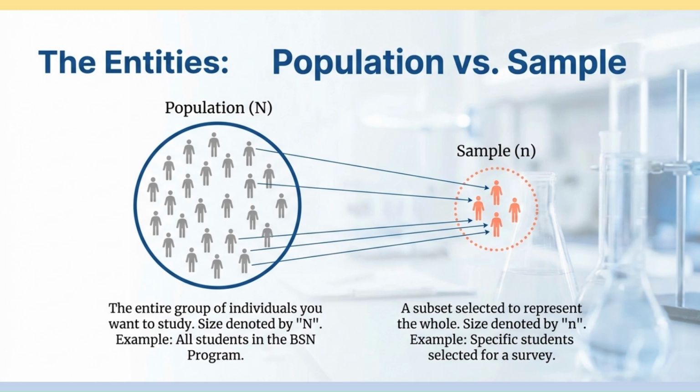A sample is a smaller group selected from the population for research purposes, because studying an entire population is often expensive and time consuming. Researchers collect data from a sample and then generalize the findings to the population. Understanding these differences is essential for interpreting research correctly.